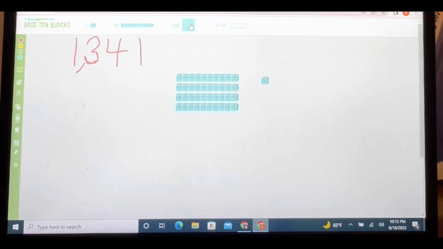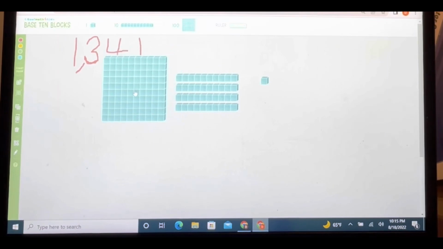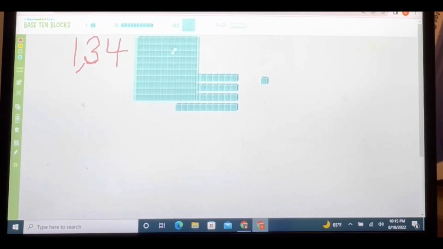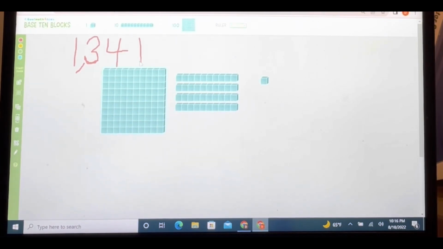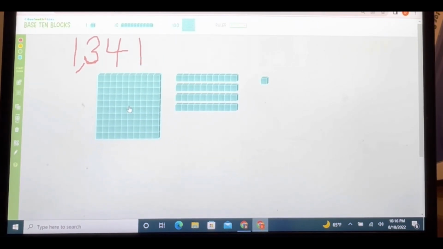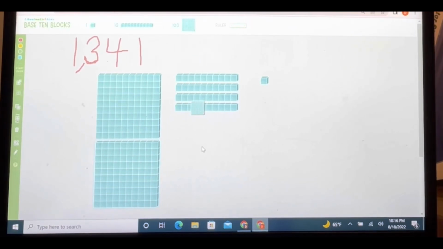Now for the hundreds. I'm going to count by hundreds as I bring those out. 100, 100, 200, 300.